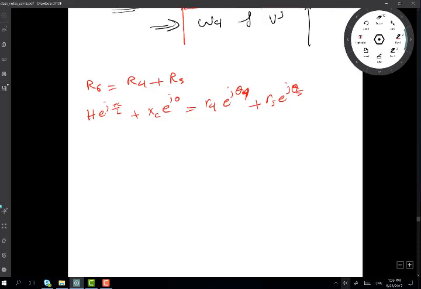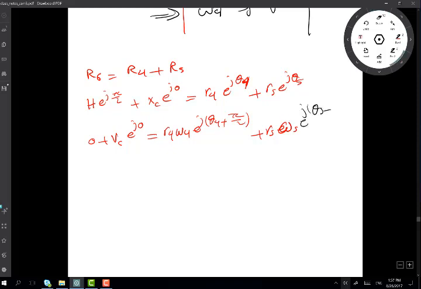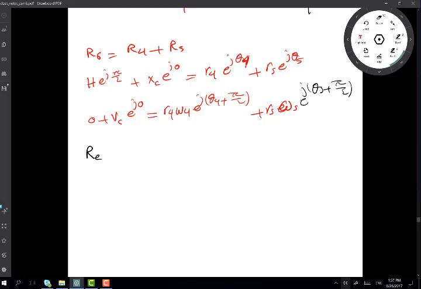Now, when I differentiate that, I get the velocity expression. This will be 0, so 0 plus vc e to j 0 is equal to R4 omega 4 e to j theta 4 plus pi over 2, plus R5 omega 5 e to j theta 5 plus pi over 2. And then when I do real equal real and imaginary equal imaginary, I will get the information I'm after.